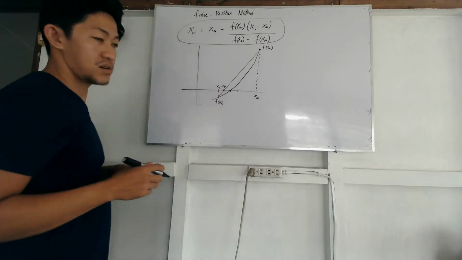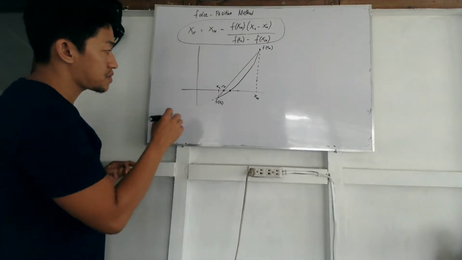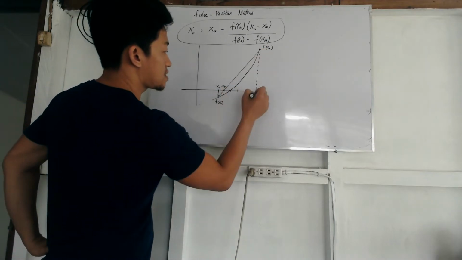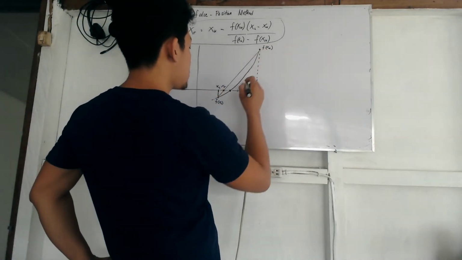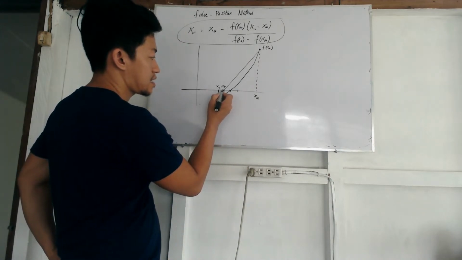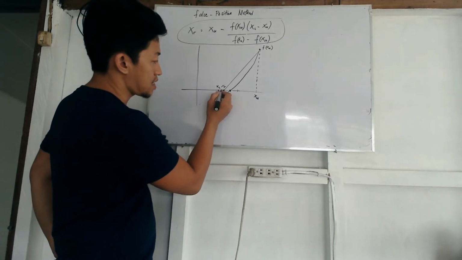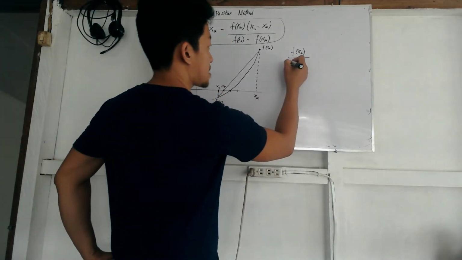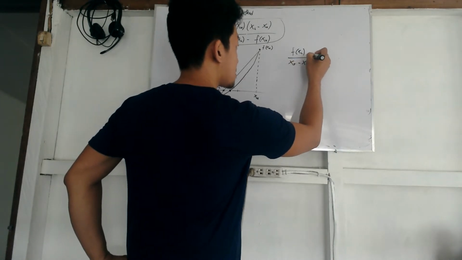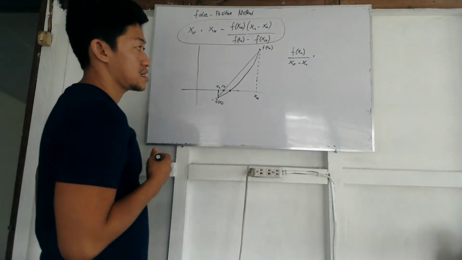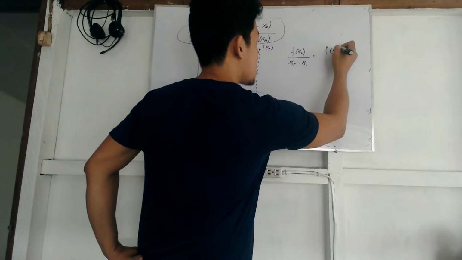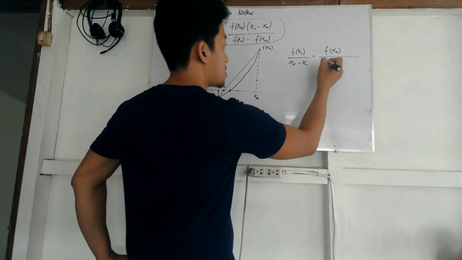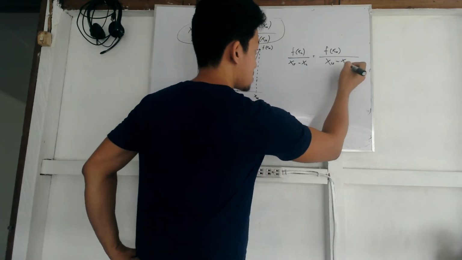This is the equation. How do we get it? Using the principle of similar triangles, you have two triangles, this one and this larger triangle. So you equate the proportion of the lengths: f of XL over this length, that is XR minus XL, is equal to f of XU over XU minus XR.